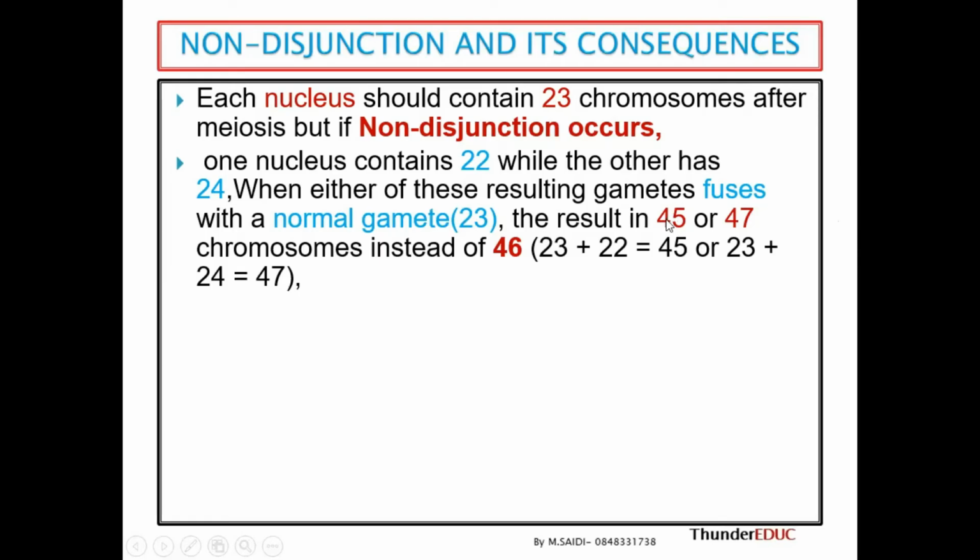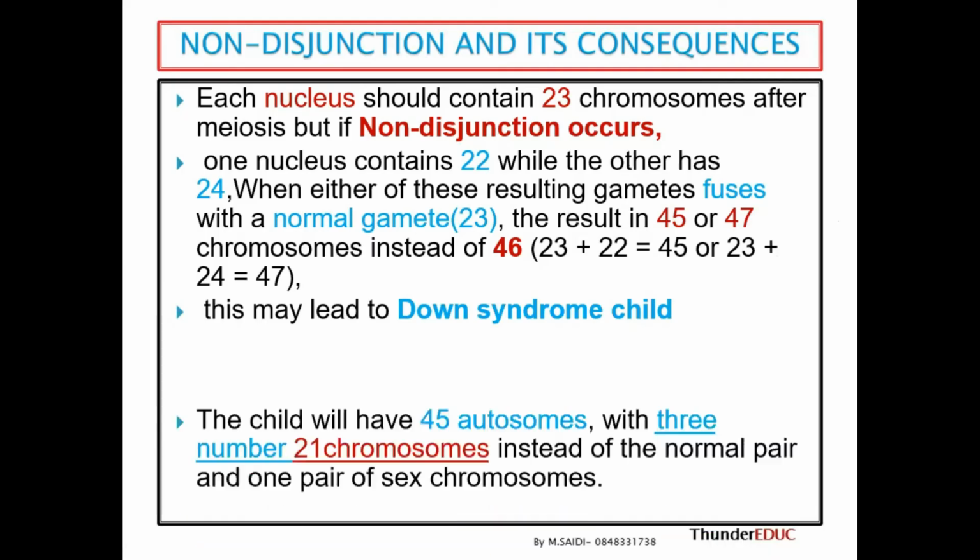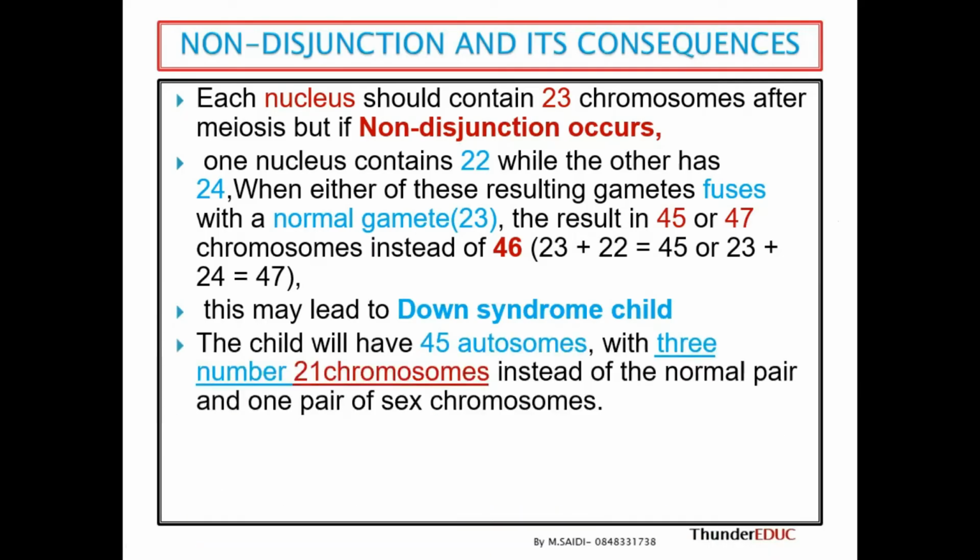That's why they're saying that it results in 45 or 47 chromosomes instead of 46. 23 plus 22, you get 45. We have explained that. And 23 and 24, you get 47 instead of 46, which is 23 plus 23. So this will lead to a child having what you call Down syndrome. And then the child will have 45 autosomes with 3 chromosome number 21.